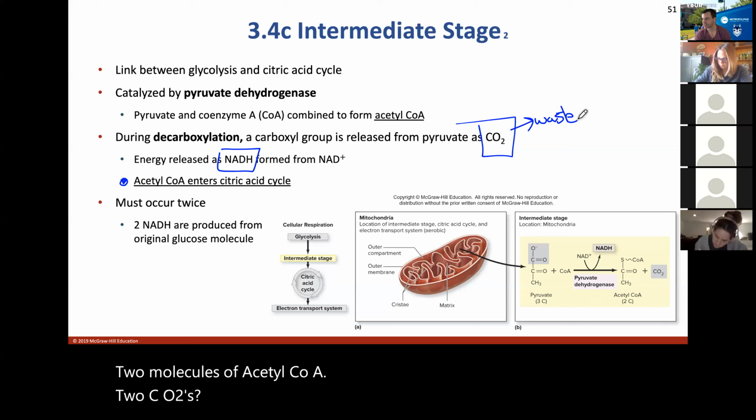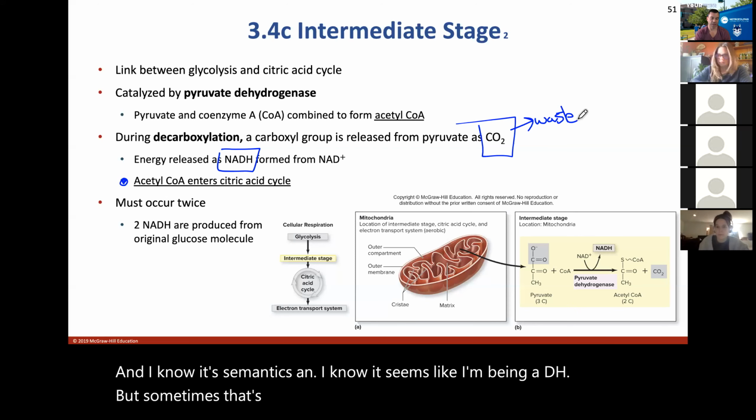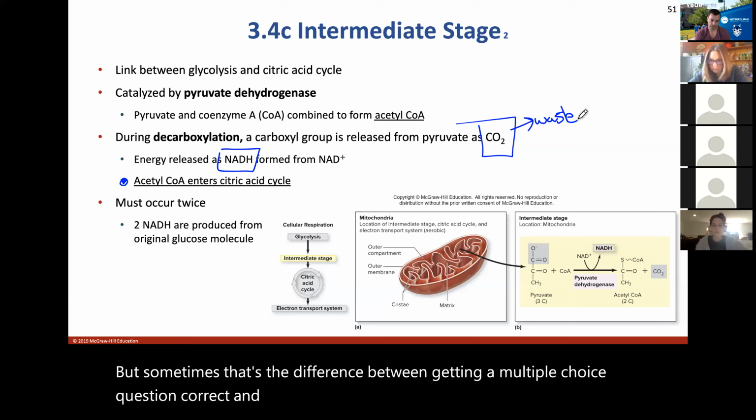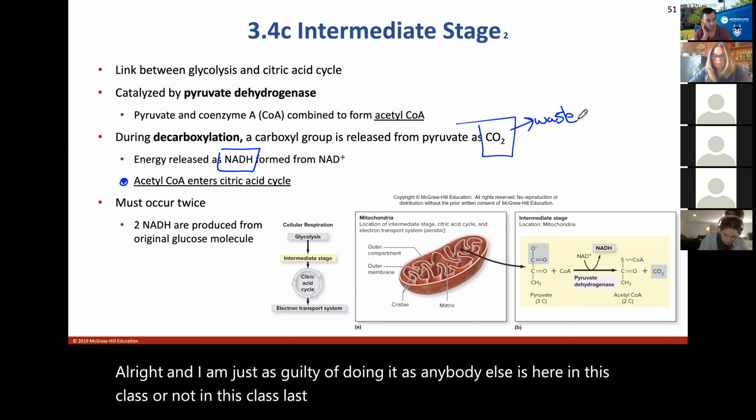And I know it's semantics, and I know it seems like I'm being a DH. But sometimes that's the difference between getting a multiple choice question correct and not correct. All right. And I am just as guilty of doing it as anybody else is, here in this class or not in this class, last semester, future semesters, okay?